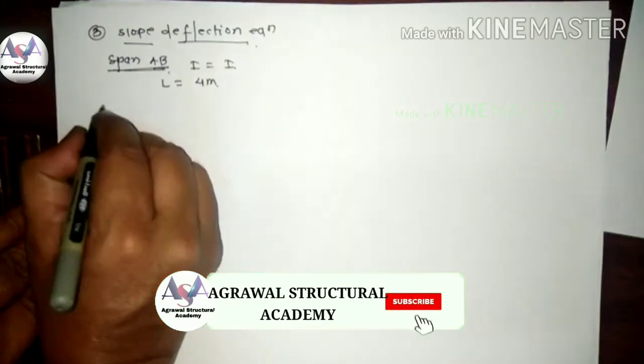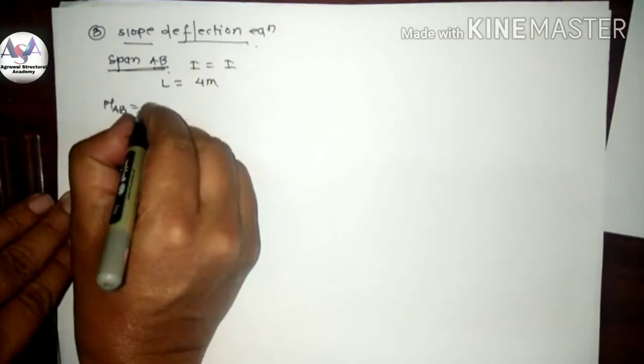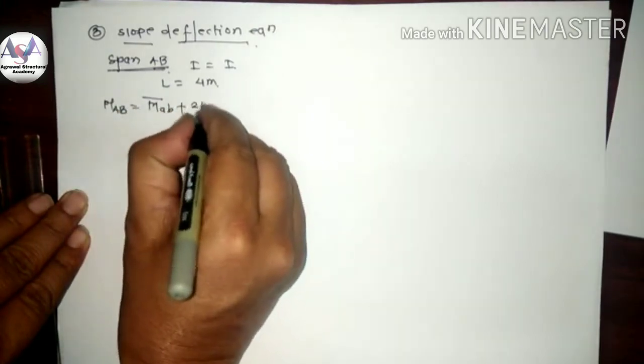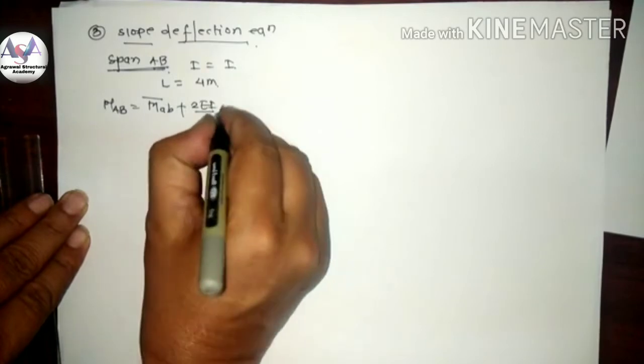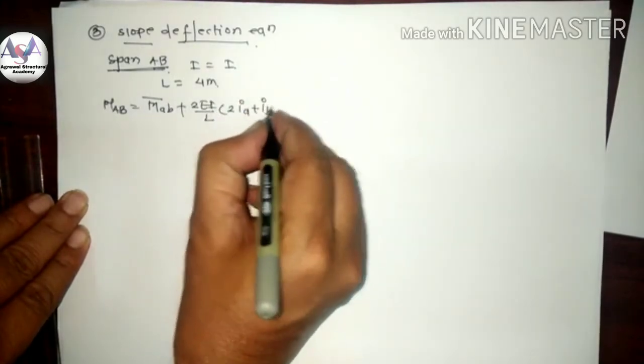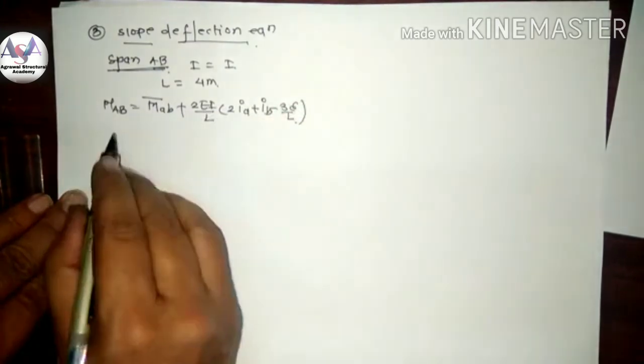Now for AB, M AB is equal to M bar AB plus this formula: 2EI by L into (2 theta A plus theta B minus 3 delta by L).